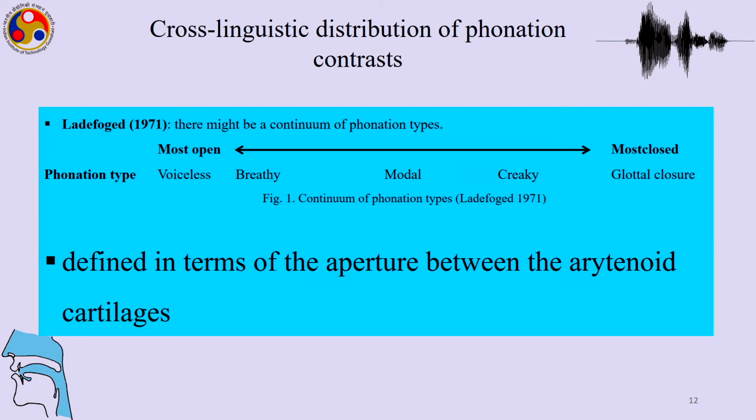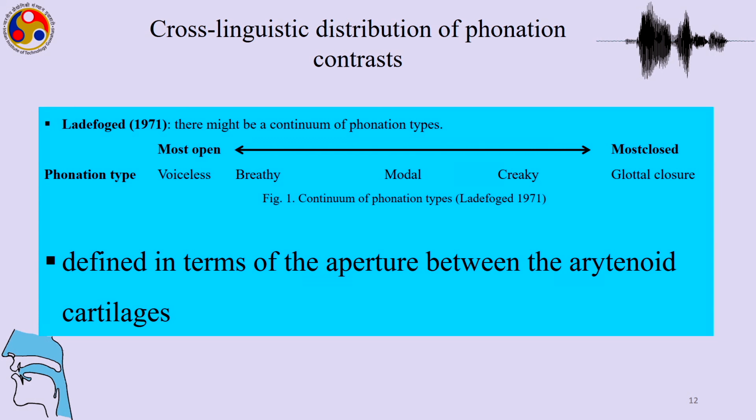Here, when the aperture is most open, we have a voiceless sound, and we know that in a pair like p versus b, they are different based on voicing. But in between those two, between voiceless and modal voicing, we can have breathy sounds, where the aperture is not as open as voiceless, but not as close as modal, and there can be some amount of noise, which can be called breathiness.